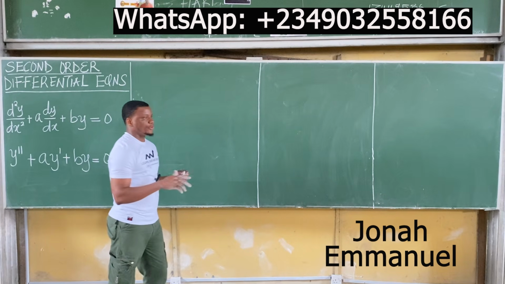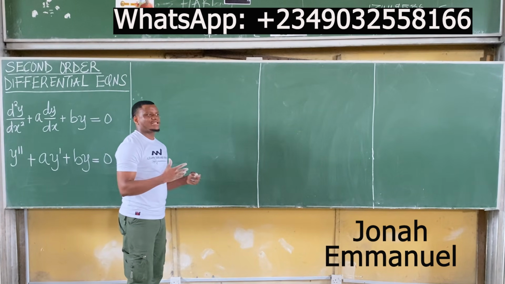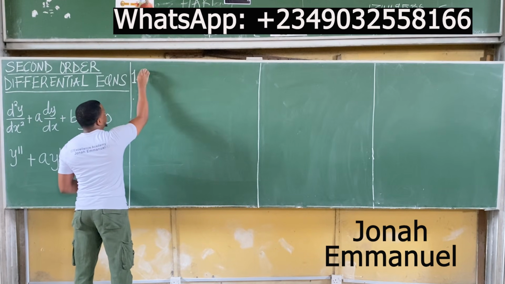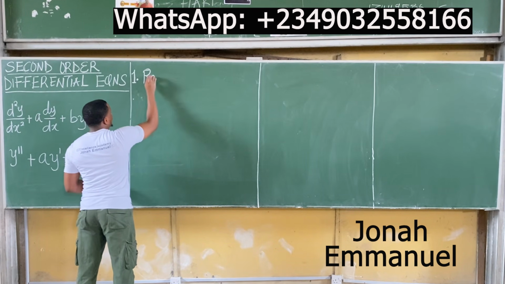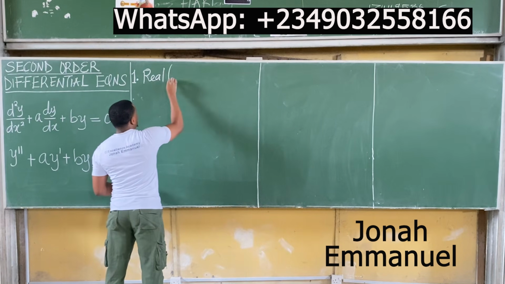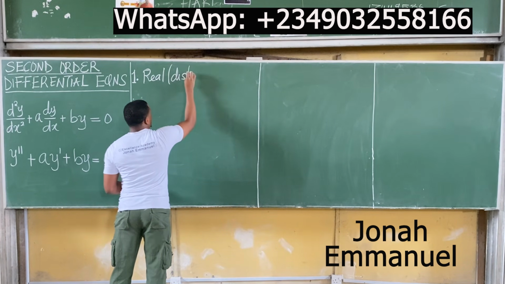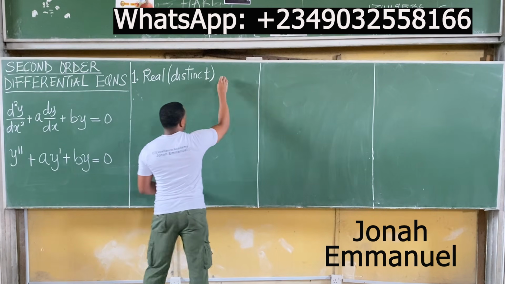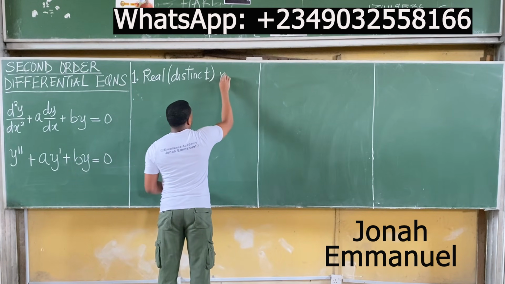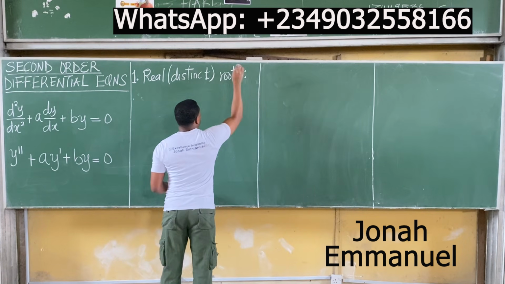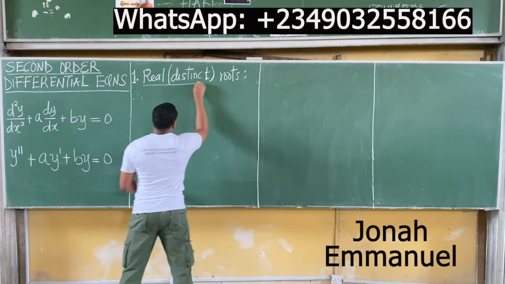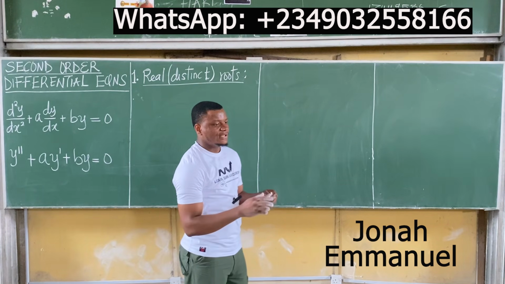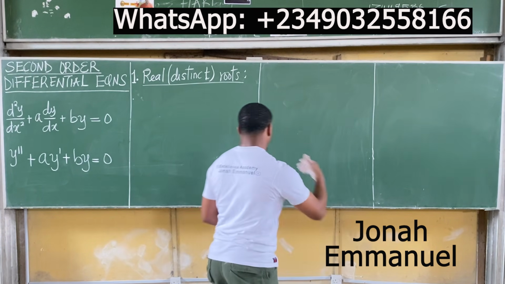Going back to the types of roots of a quadratic equation, the first kind of root is called real, also called distinct. Distinct means they are not the same. They are different.